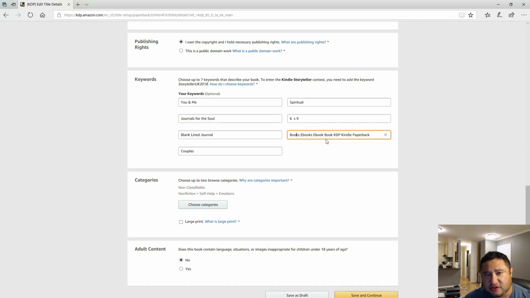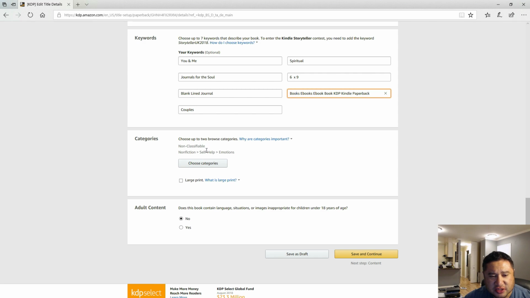One thing I also do to optimize my visibility and my rankings is choose 2 categories for my book that I think will best describe it while also not being in a general category. I haven't had this optimized yet for the first one, but for the second one, I filed my journal under nonfiction, self-help, emotions.